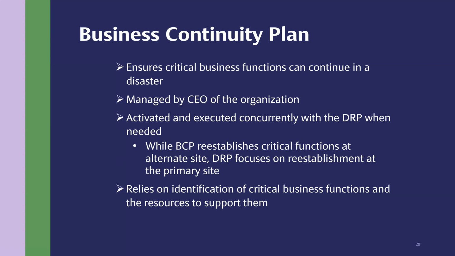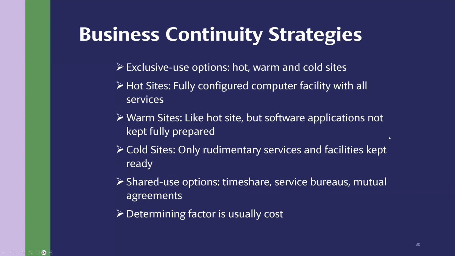So basically, BCP reestablishes critical functions at an alternative site, and on the other hand DRP focuses on reestablishment at the primary site, so they both run concurrently. It heavily relies on the identification of critical business functions from the BIA and the resources needed to support them, and based on that you have different options for business continuity strategies.